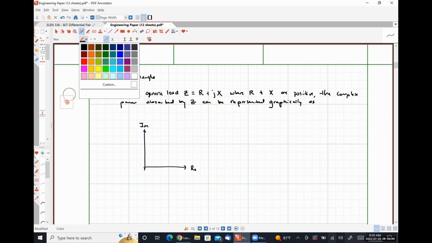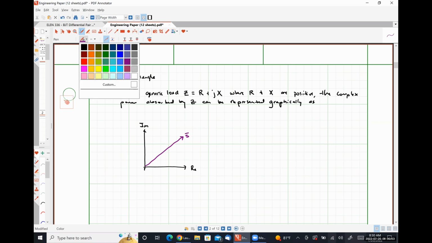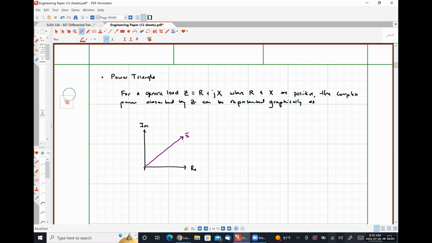And let's say, just for the sake of argument, that our complex power S is something like this. The projection of our complex power onto the real axis is simply our average power.